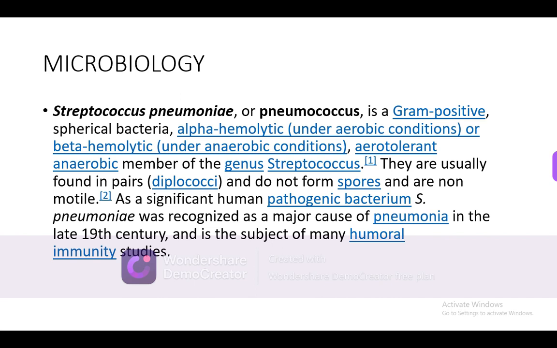The studies have been going on and on about humoral immunity, that is acquired immunity, and you can definitely take advantage of this research to combat this infection. To combat it, there are certain vaccination programs going on. You develop acquired immunity in the person.